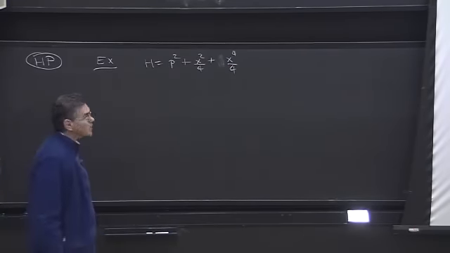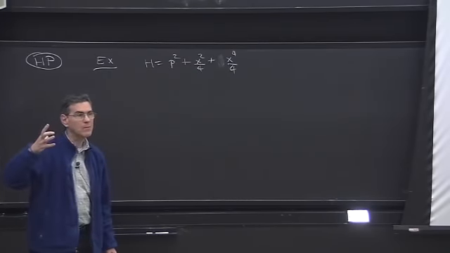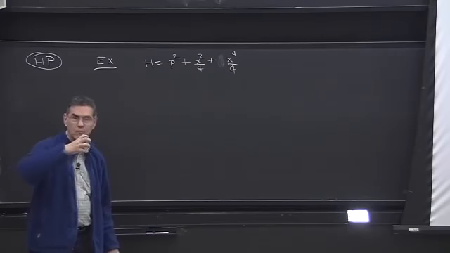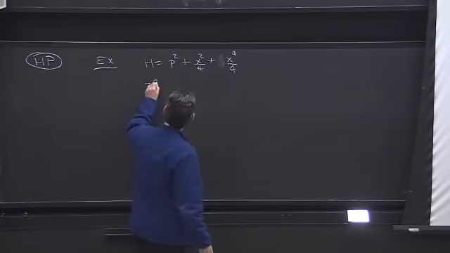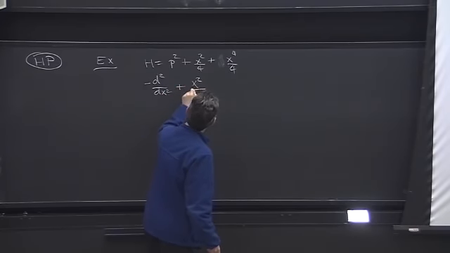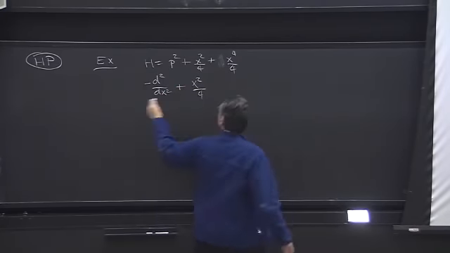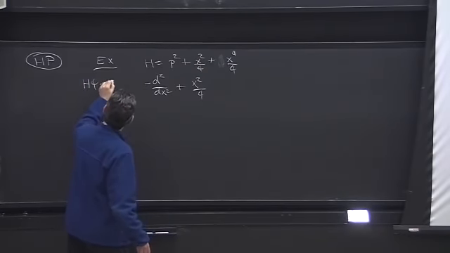So your physics problem, should you wish to accept it, is to solve the differential equation minus d squared dx squared plus x squared over 4. This is solving H psi equals E psi.